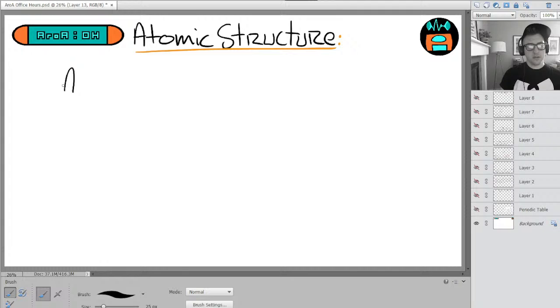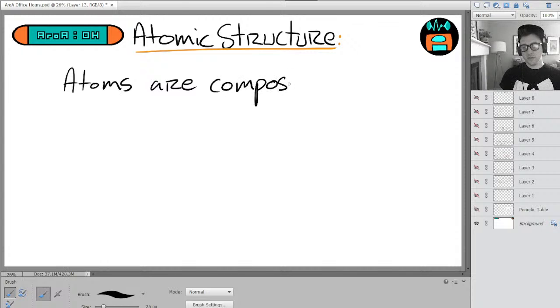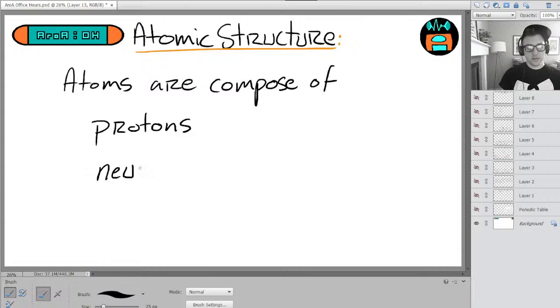So atoms are composed of protons, neutrons, and electrons.